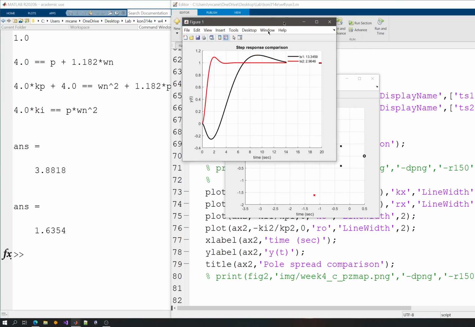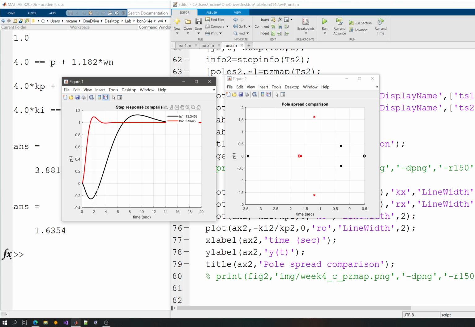Now I can see why the effect that I was not very happy about is taking place. Since I have a zero on the right half plane, I have an unwanted effect here, an undershoot basically.